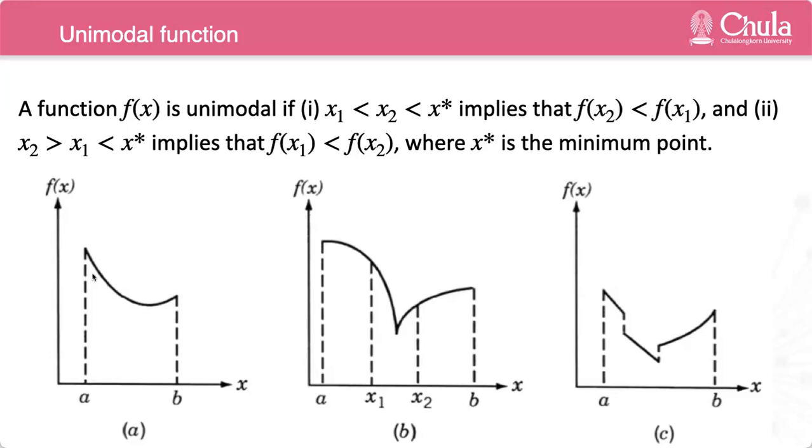You see that if we follow from the left-hand side to the right, let's say we are at A, and we move to the right-hand side, you see that the objective function becomes smaller and smaller, right?